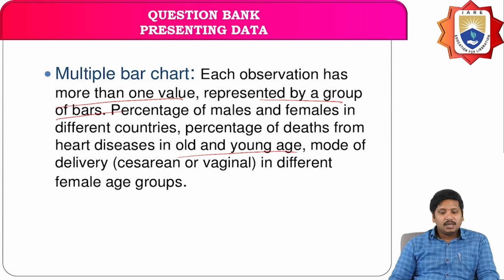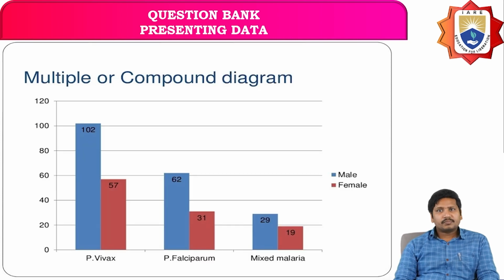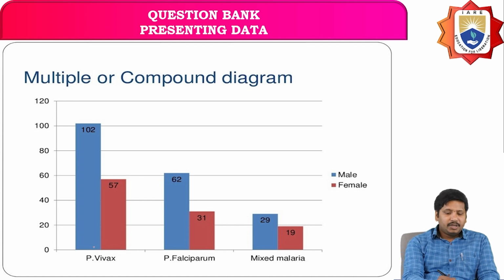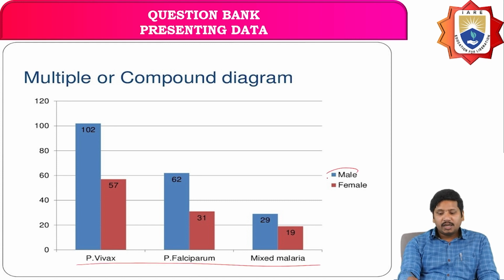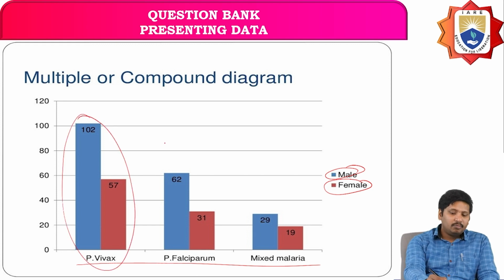If I want to show these, then I have to go for the multiple bar diagram. In the previous diagram I showed only how many people got affected by these diseases. Now I want to segregate how many males and how many females there are for a particular kind of disease. Then I can show it with a multiple bar diagram.